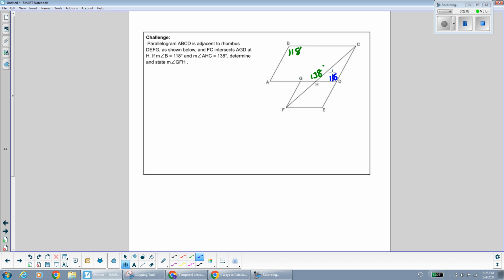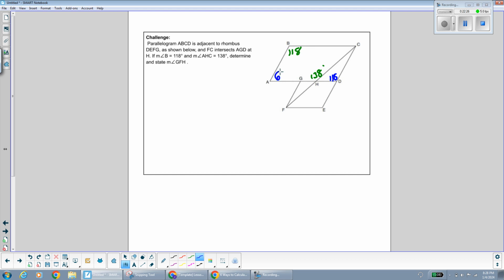So if I do 180 minus 118, I get 62 degrees.